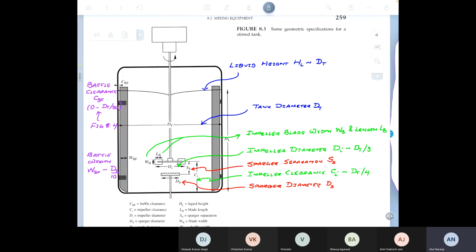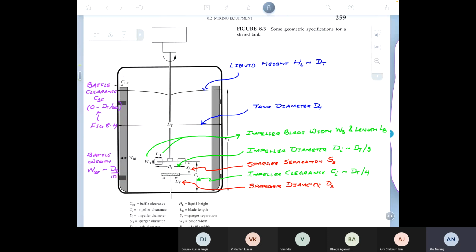So this whole picture is a little bit asymmetric, right? Because if the height is on the order of dt, then the impeller is placed at basically 25%. If the total height is ht, it is placed at about ht over 4. Ci is on the order of ht over 4.